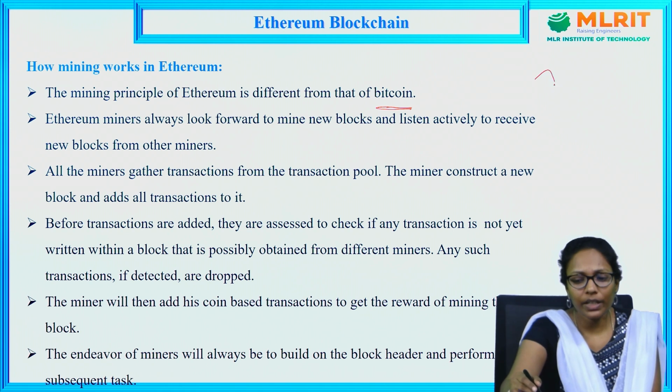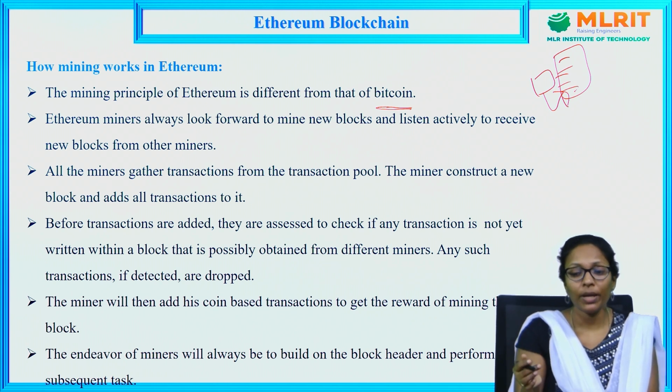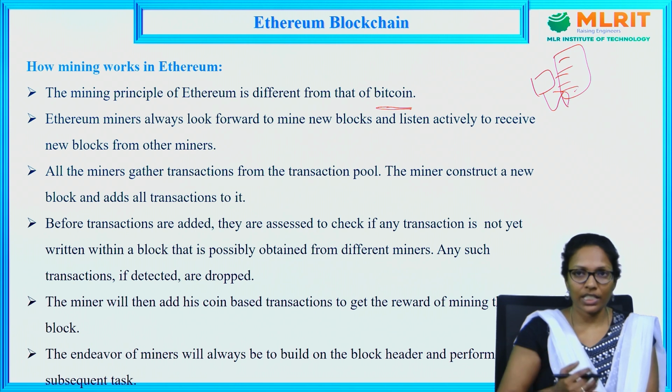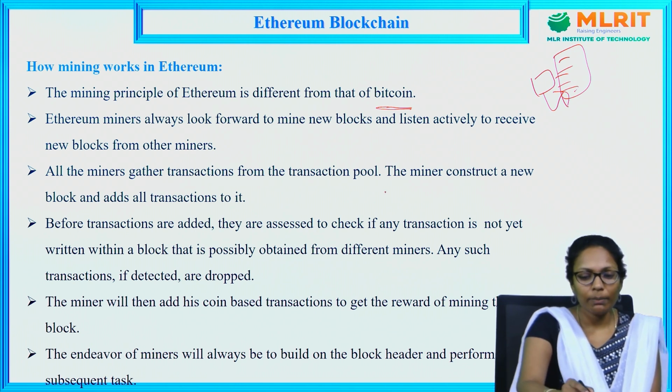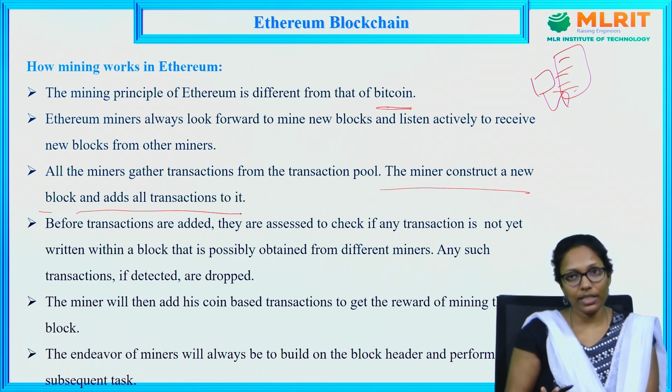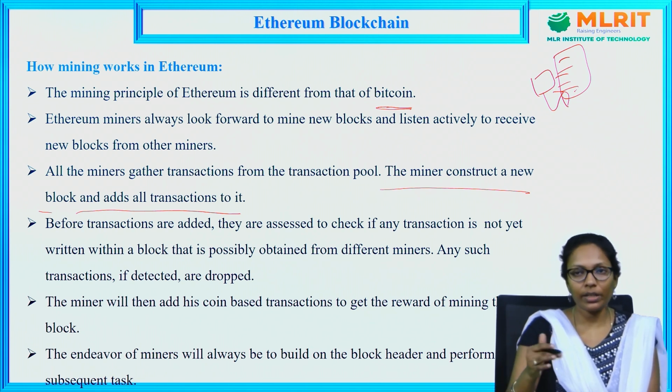Each and every node maintains a transaction pool. Whatever transactions belong to that particular node will be maintained in the transaction pool only. If a node wants to propose some set of transactions, it will get the transactions from the transaction pool, and the miner constructs a new block and adds all these transactions to it. Whatever transactions he wants to add to that block, he can add from the transaction pool.